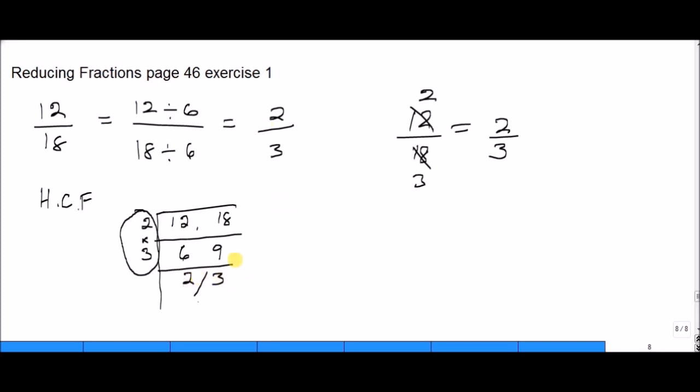It couldn't go any further than that. So when we're reducing, it's best to use the highest common factor. We can use other common factors. However, it will take us a little bit longer to get all the way down. Let's move on.